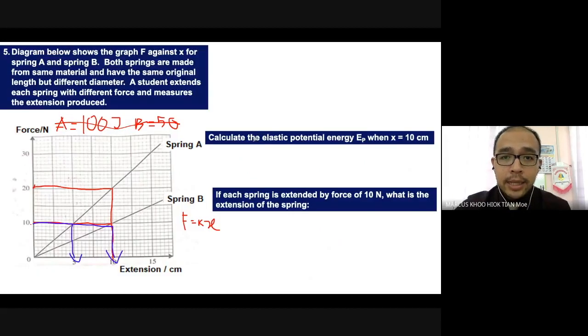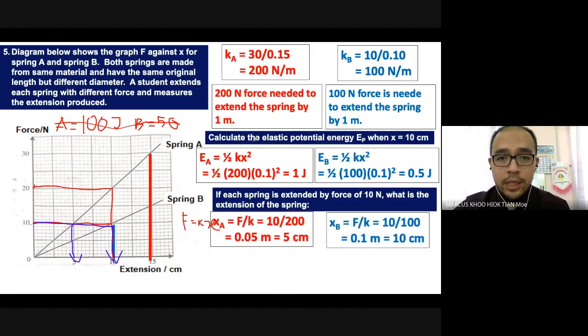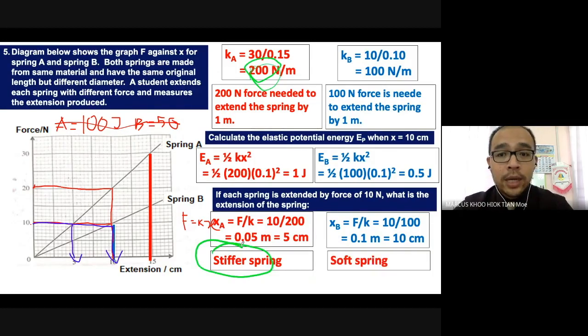Okay, and yesterday we looked at this question and I said that when the K is bigger, the spring is stiffer lah. Okay, and this is just to recap what we were talking about. So what does the K mean?